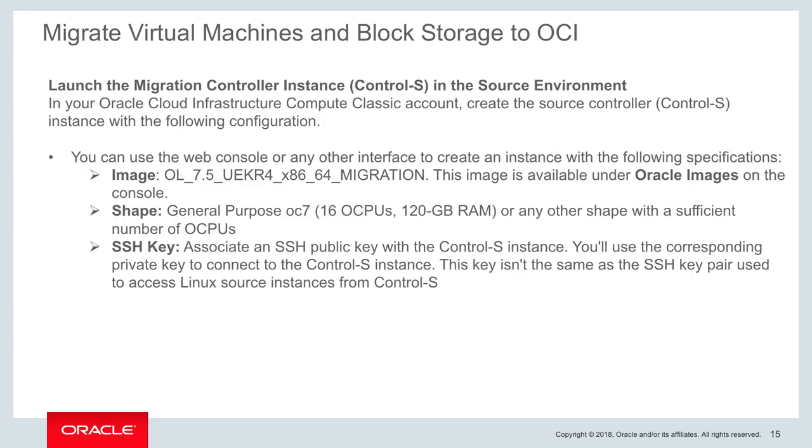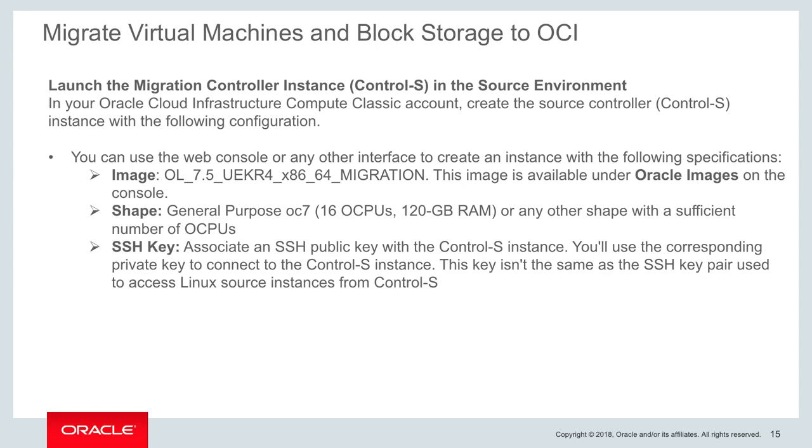Let us now look at the process of launching the migration controller instance in the source environment. In your OCI Compute Classic account, create the source controller, also known as Control S, with the following configuration. You can use the web console or any other interface to create an instance with the following specifications.